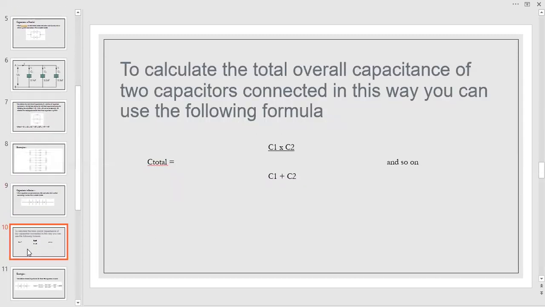To calculate the total overall capacitance of two capacitors connected in this way, you can use the following formula: C total equals C1 into C2 by C1 plus C2. This is the formula used when the capacitors are in series.